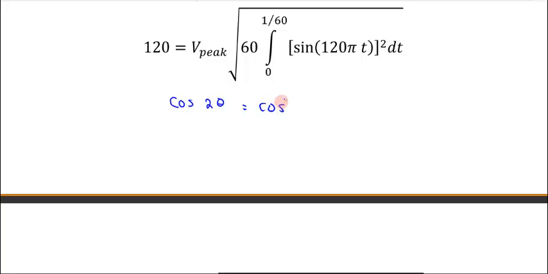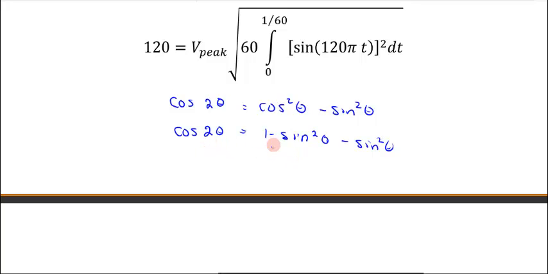It's cosine squared theta minus sine squared theta. And so the cosine of 2 theta is, cosine squared is 1 minus sine squared, minus another sine squared of theta.